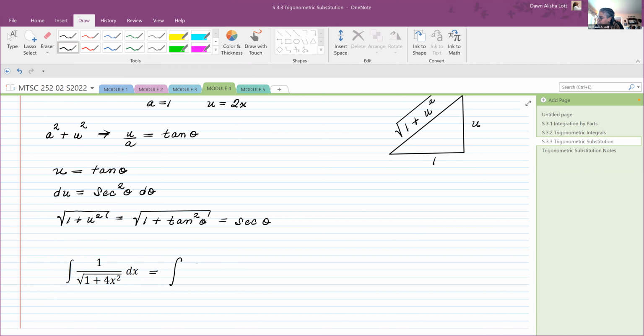I get 1 over the square root of 1 plus u squared. Oh, I forgot. Yeah, this becomes the integral of 1 over the square root of 1 plus u squared, and then dx becomes 1/2 du.